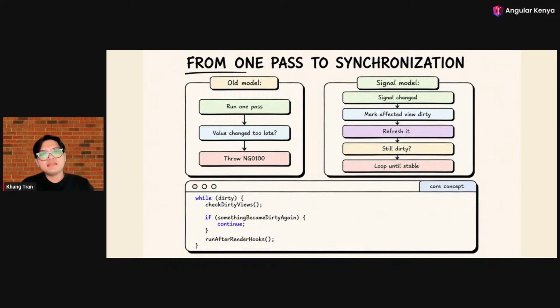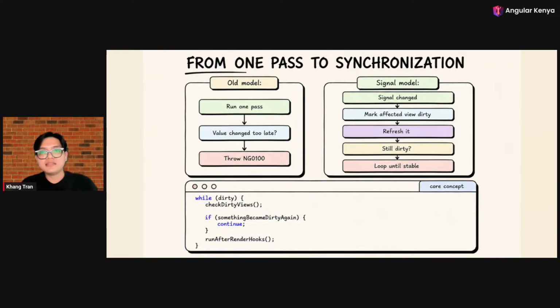And this is where the Angular model changes from change detection to synchronization. This is the answer to everything we have been building toward. In the classic checking model, Angular runs one pass and expects the values to stay stable.